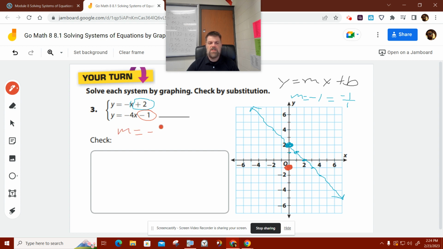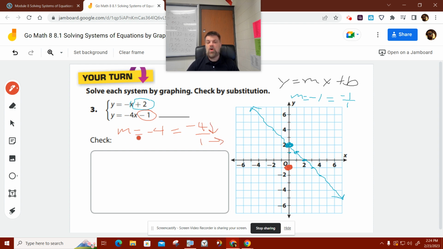So -4 is our slope. All right. Now what? You go down 4 over 1. Or, well, it's just -4. You're correct. But is -4 the same as -4 over 1? Yes, it is. So this will go down 4 units and over 1.